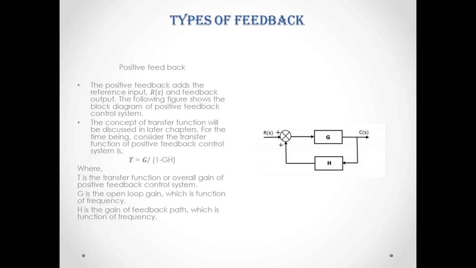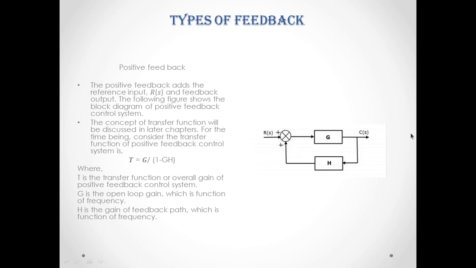Now, while we are going to understand feedback, we must understand the transfer function. In this particular positive feedback analysis, we take T equals G by 1 minus GH as the transfer function, where T is the transfer function and G defines the open loop gain here in this controller, and H is the feedback, which is a function of frequency.